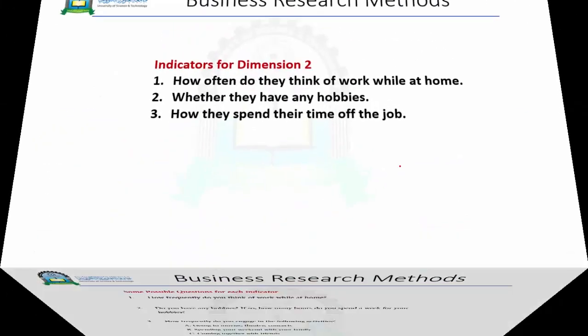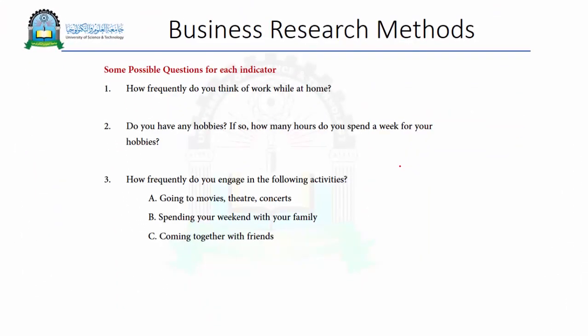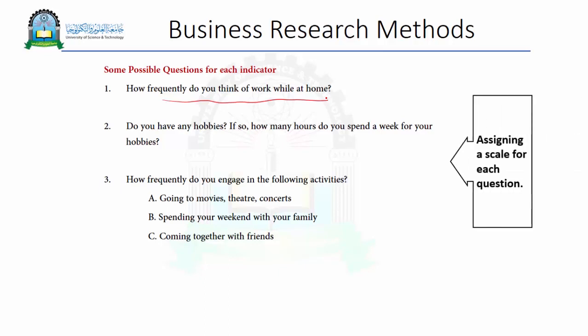If we change these indicators into questions, we will come up with these questions. The first question is, how often, how frequently do you think of work while at home? So this is the first question that comes from the first indicator, and the scale is going to be here.